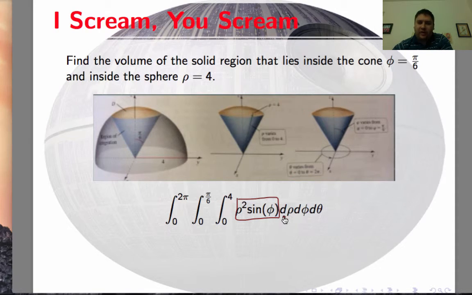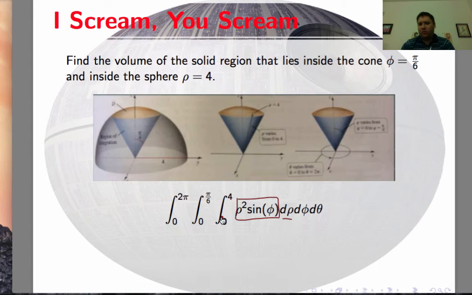Okay, so rho itself is ranging from 0 to 4, and that's because we're inside of this sphere, right? We're ranging anywhere from 0 to 4 units away from the origin. Phi is ranging from 0 to pi over 6 because we say that the cone is phi equals pi over 6, and if we're trying to find the volume of a solid, it's ranging anywhere from 0 to pi over 6.